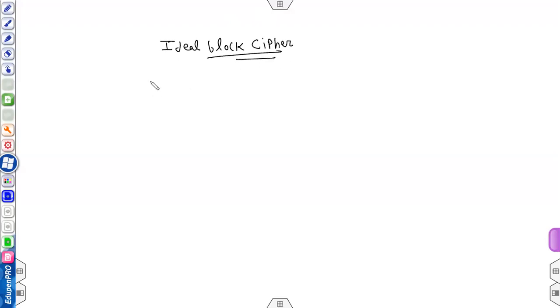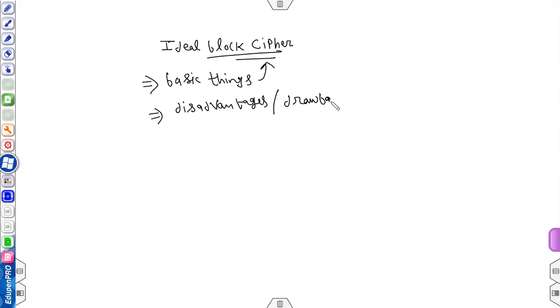We have also discussed the basic principle, basic things about this ideal block cipher, and we also discussed the drawbacks, or even we can say the limitations. Limitation is the correct word.